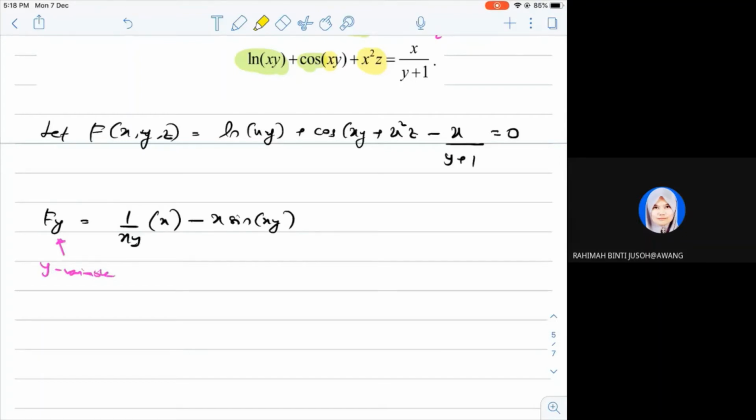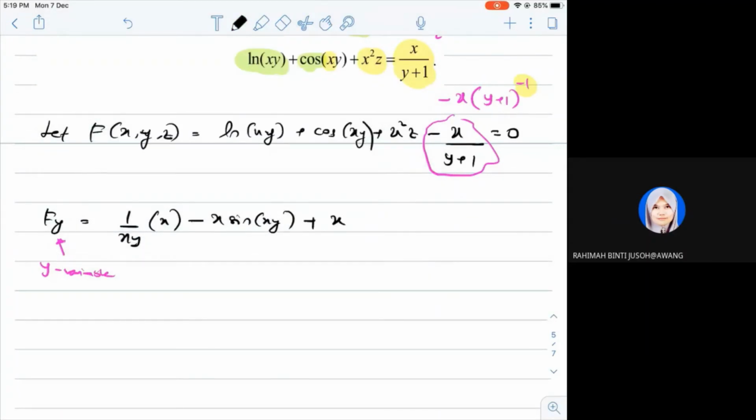Okay, next. What happened to this? x over y plus 1. Nak differentiate ni. So this is actually equivalent to differentiating negative x over y plus 1 to the power of negative 1. So nak differentiate macam mana? Negatif ni bawa ke depan kan? This negative bring this forward, so becomes positive. Negatif jadi positif kan?